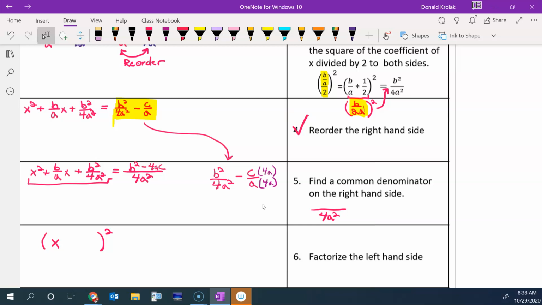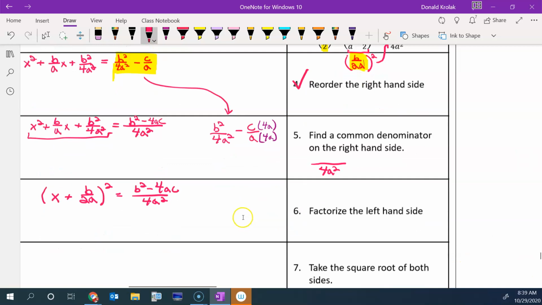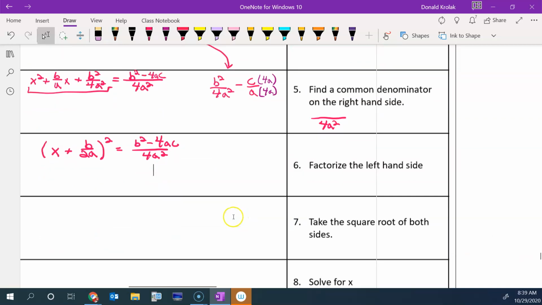So it's going to be x plus b over 2a, squared, equals b squared minus 4ac divided by 4a squared.